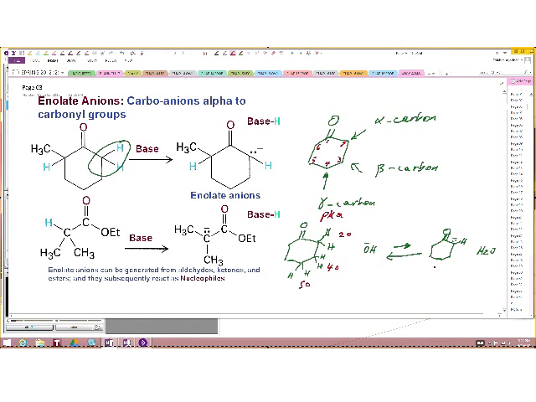The reason why they are the most acidic is because when you generate the conjugate base, this conjugate base is stabilized by resonance. You could draw a resonance contribution for this, in which we move the pi electron to here, this electron to form a double bond here.